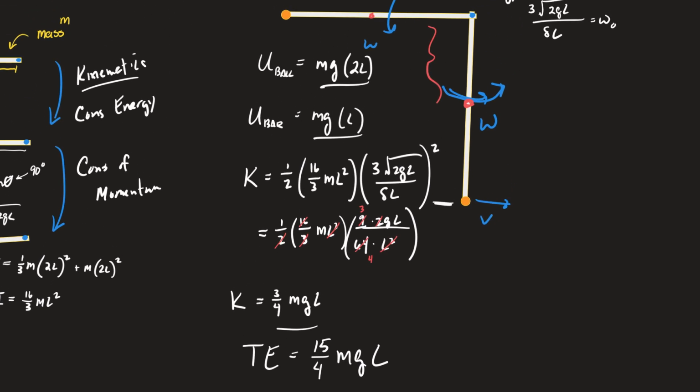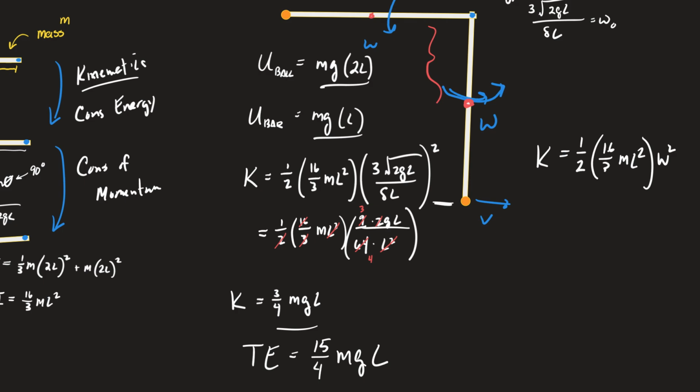And that's all going to equal the kinetic energy of the system at its lowest point, which is going to be 1/2 times 16/3 mL squared omega squared. I've got to set these things equal to each other and solve for omega.